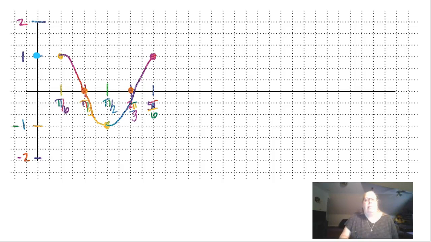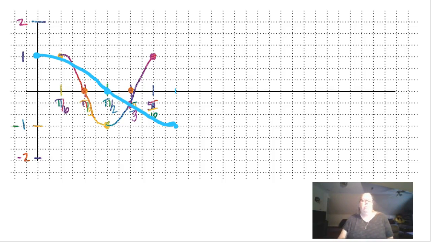And then at pi over 2, the cosine is at 0. And then at pi, which would be about right here, it's going to go down to negative 1. And so the regular cosine curve with a 2 pi period and no phase shift is going to do something like this right here. So we don't even have a complete period.